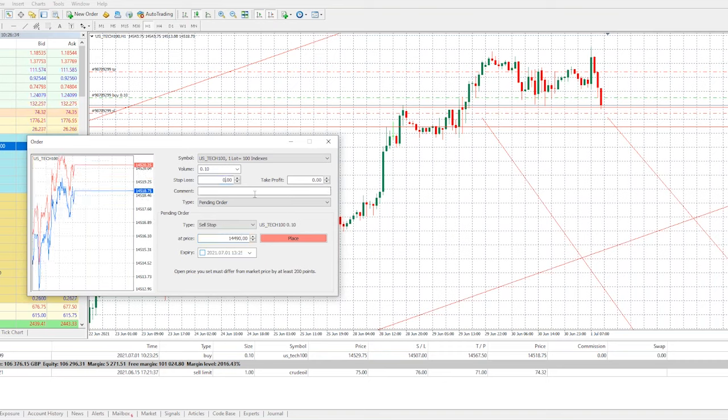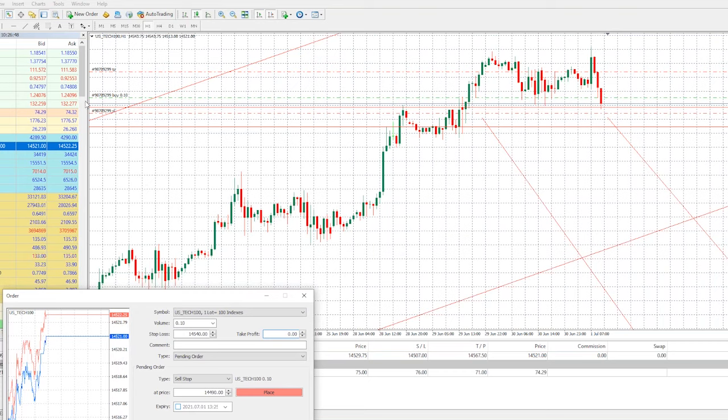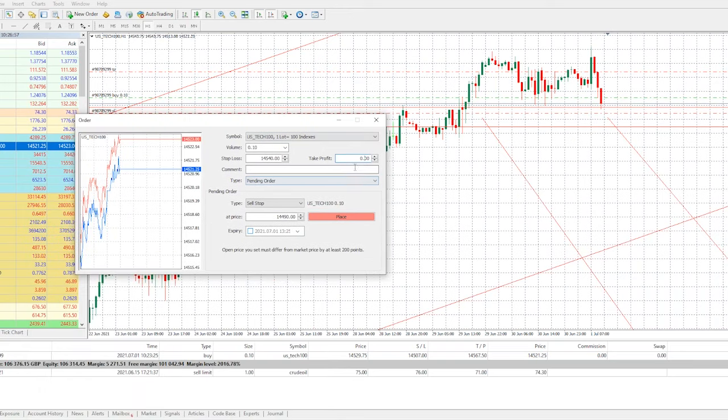And then my stop loss would be back above that at 14,540, 50 points up. And my take profit could be somewhere further down. This might be a support level down here I might be looking at, which would be at 14,425 for a take profit.